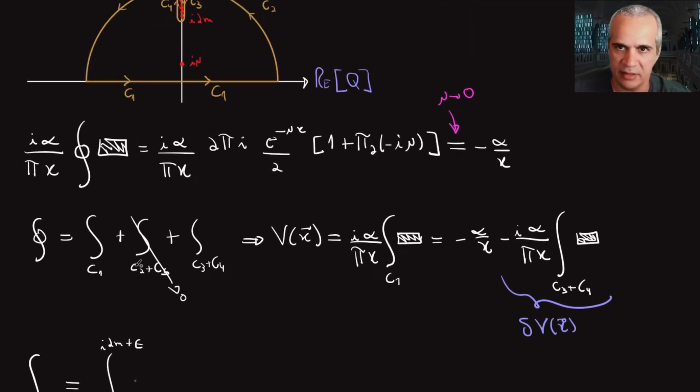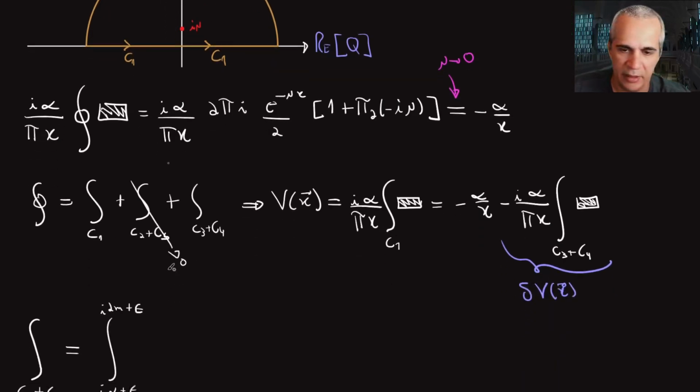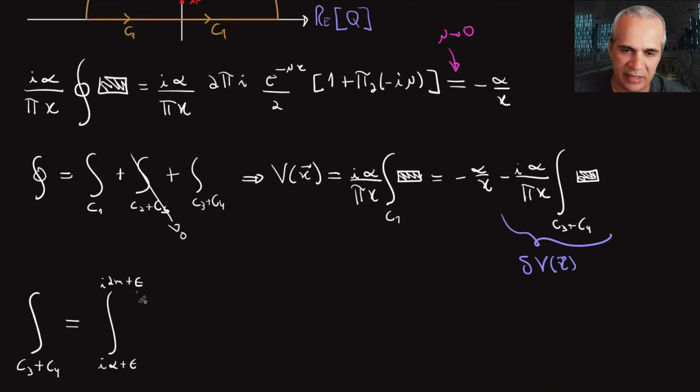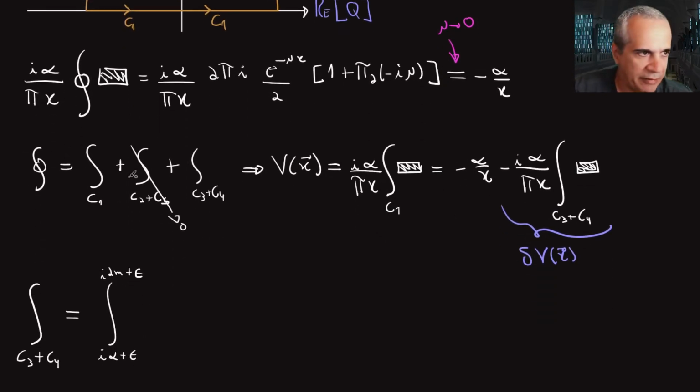So C3 is coming from infinity on the imaginary axis and going to 2m, but this epsilon guarantees that it is to the right of the branch cut. And I have some complicated integral over q, and I have some function of q.